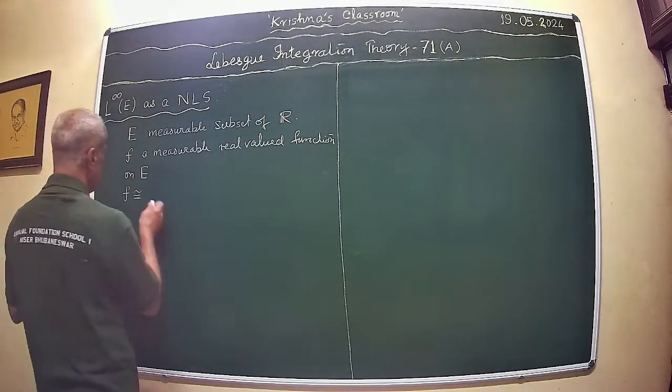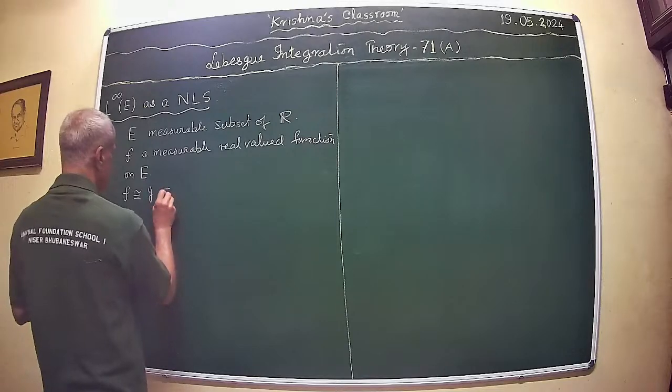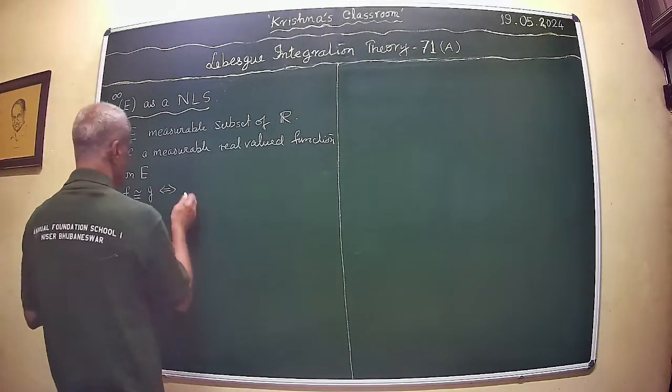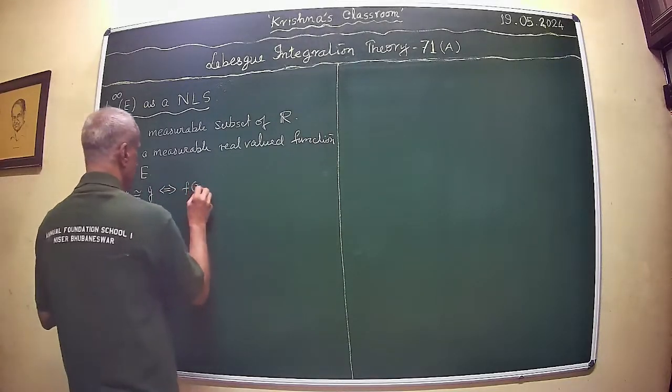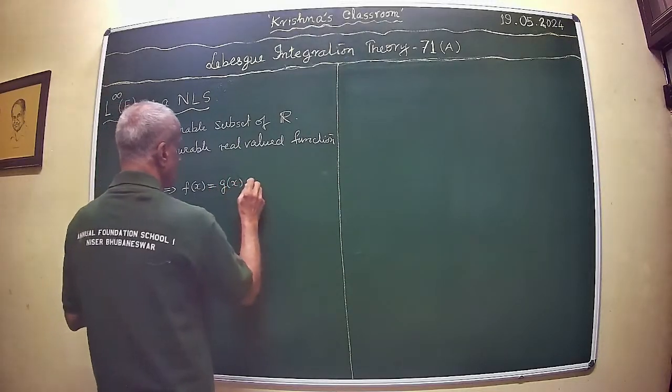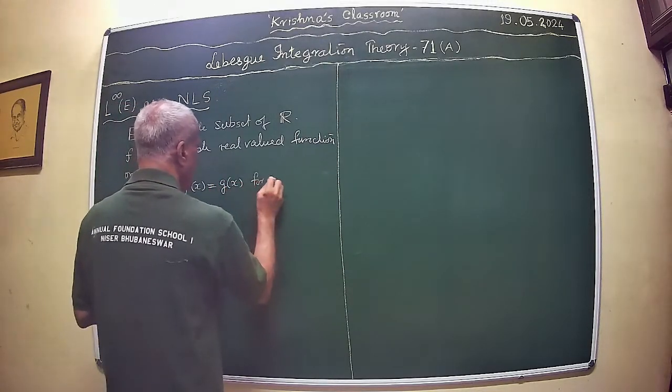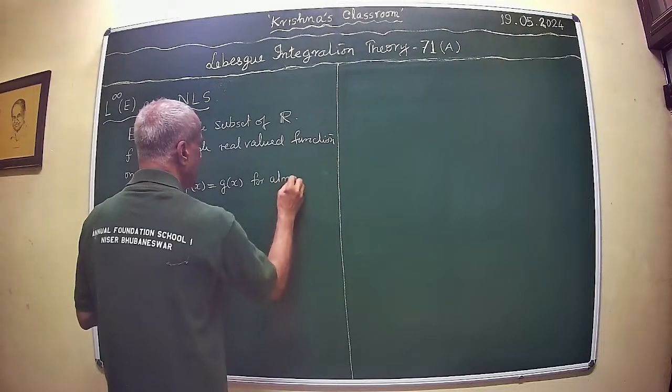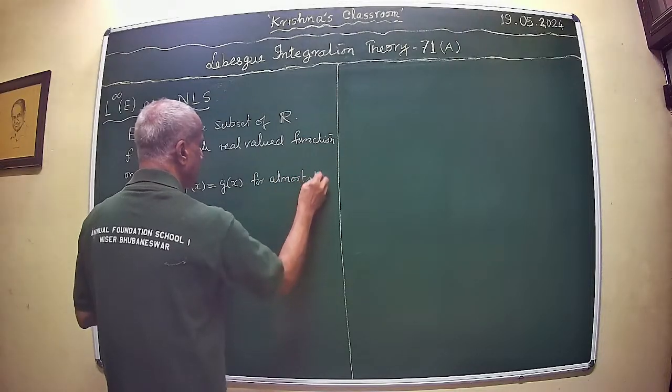This is the relation: F equals G for almost all x.